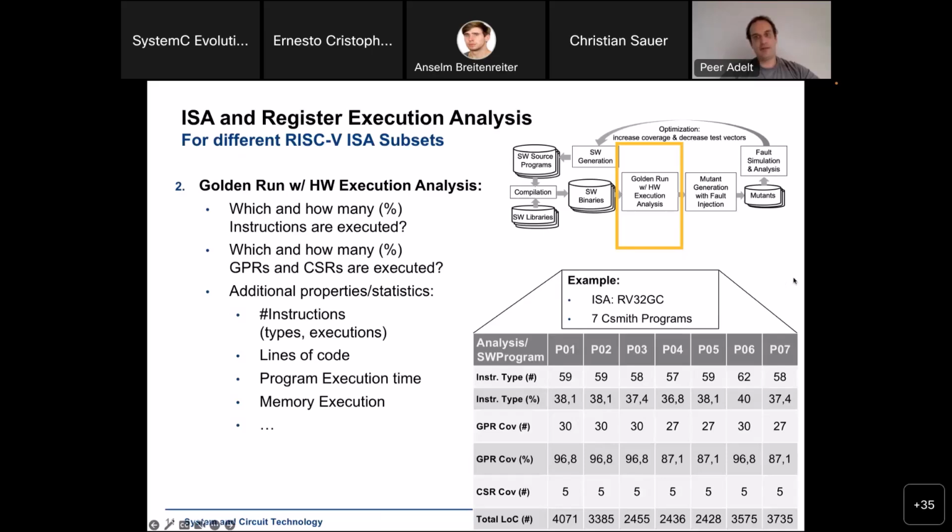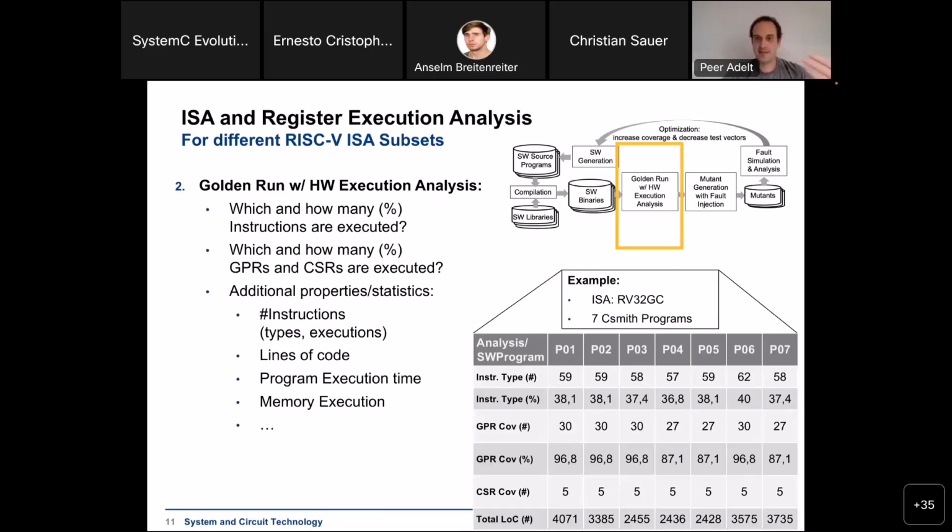On the right, you can see an example table that shows 7 CSmith programs for RISC-V for a specific subset, which is called RV32GC, which is basically the standard 32-bit instruction set for RISC-V. It includes floating point, and it's just an abstract description of which features from the modular RISC-V instruction set are used.